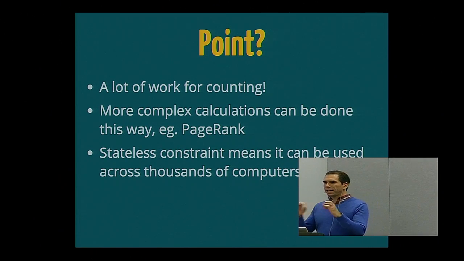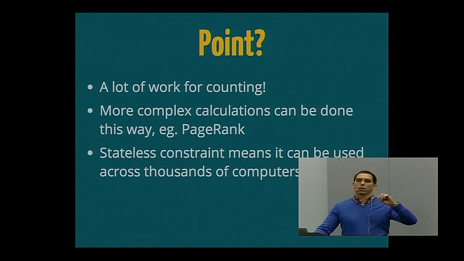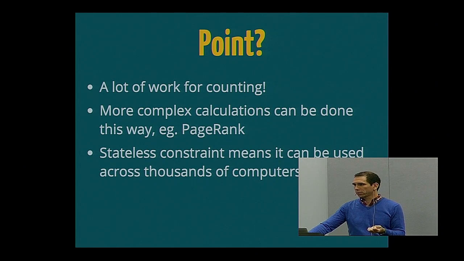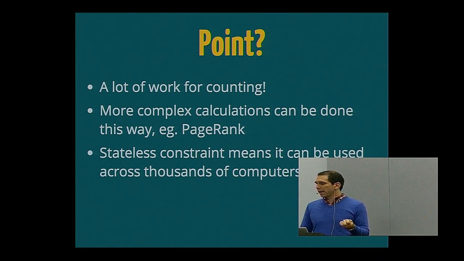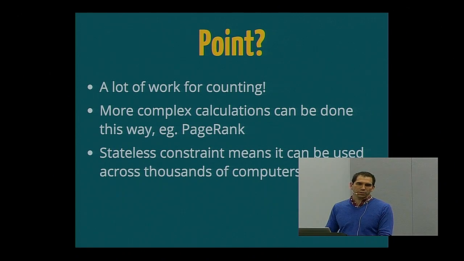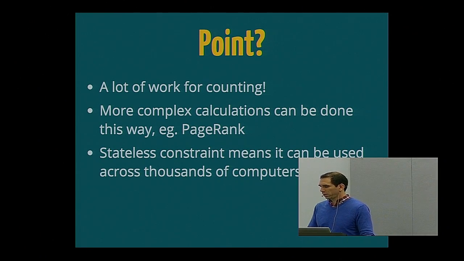And the stateless constraint means that one machine might completely fail, but our framework will manage that failure and put the data that it was supposed to process on another machine so it can process it and get it back to our reducers correctly. So that's why we have a much more complex counting procedure than, say, just putting it into a counter object or a dictionary.